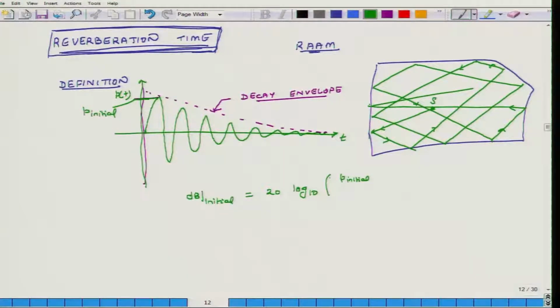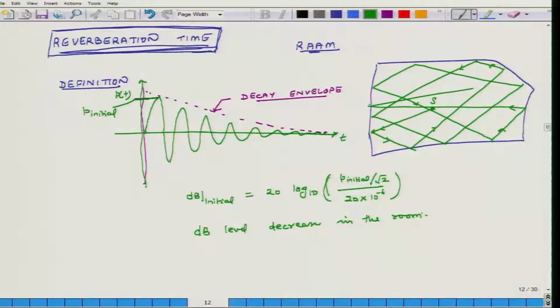Because this is a sine wave, I divide P initial by square root of 2, and divide by 20 times 10 to the power of minus 6. So, this is my initial decibel value in the room. As time progresses, the dB level decreases in the room.